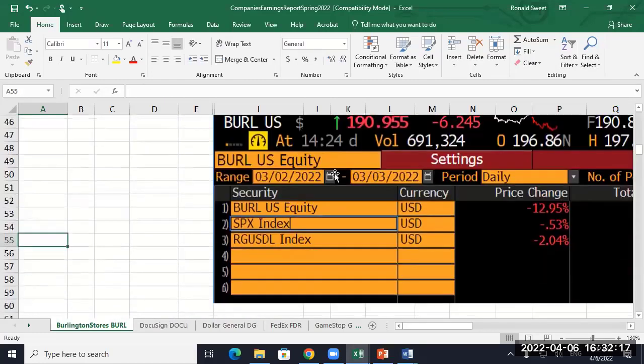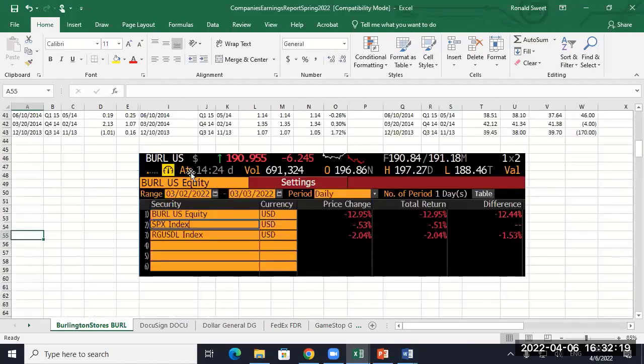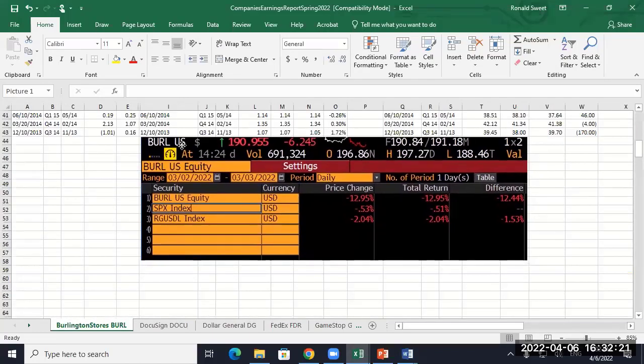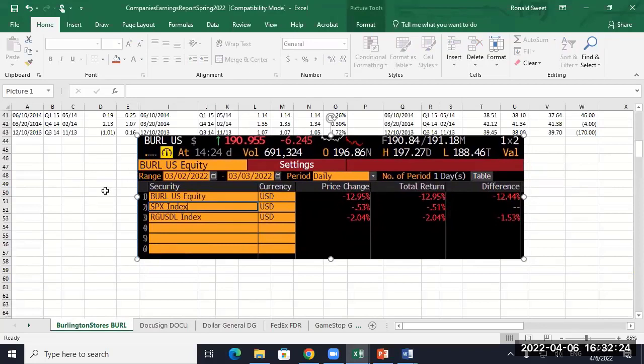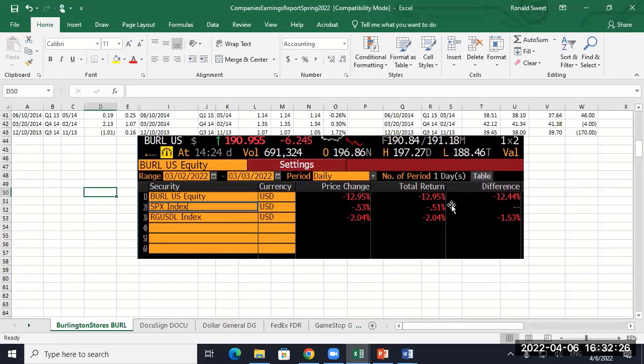And then you get into the market reaction. I gave you this. I guess I didn't give you a graph, but I gave you this so you can see the stock market. They dropped 12.95% on that day. This is on the day.